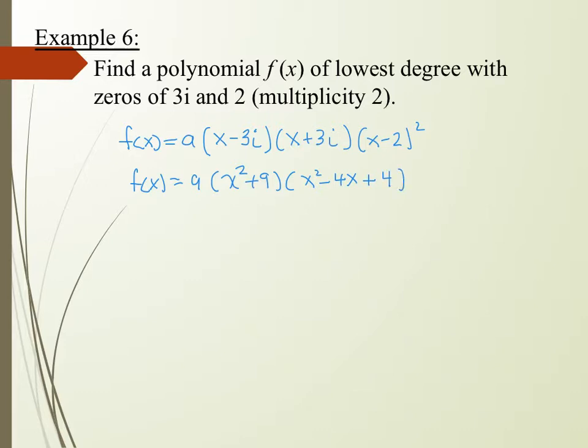And so the ultimate answer is, we have an a out here, obviously. That's a constant. x to the fourth minus 4x cubed plus 13x squared minus 36x plus 36. So that's the final answer for this particular problem.